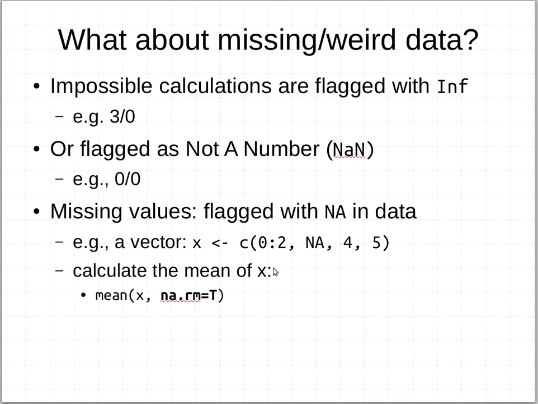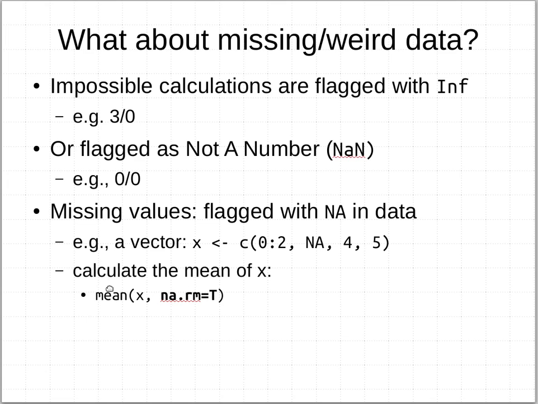So if we calculate the mean of x, and if I didn't say the na.rm thing right here, I would just simply be trying to calculate the mean of this list of numbers, and I can't calculate that using an NA. But I can say this little command, na.rm equals TRUE. That is this option to remove NAs, TRUE or FALSE.